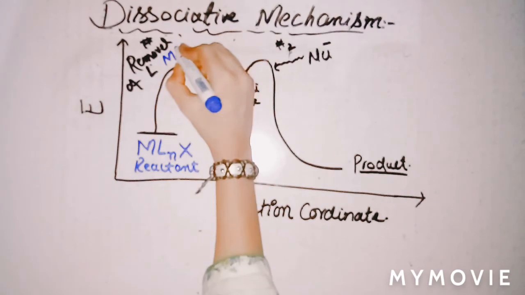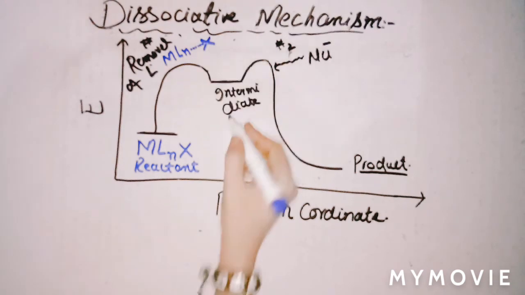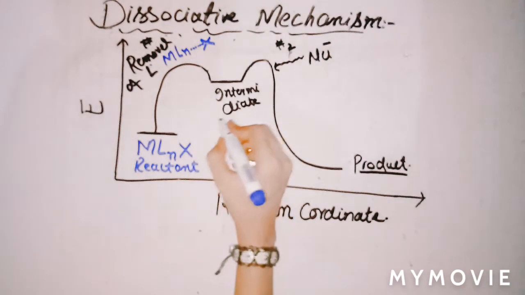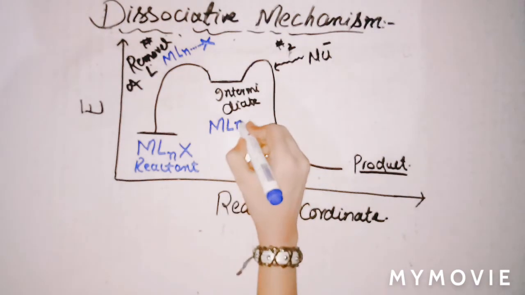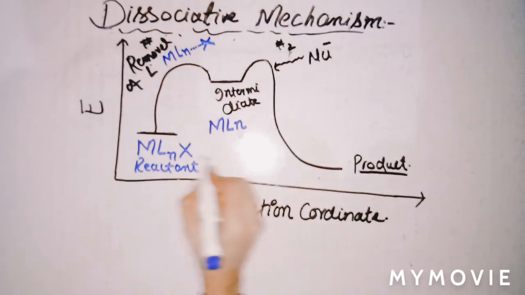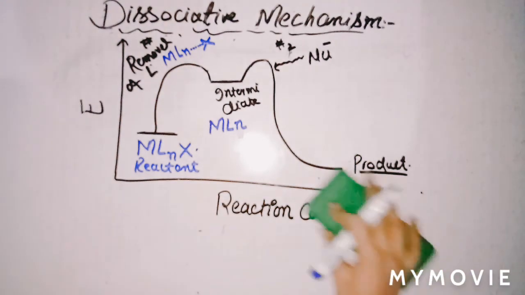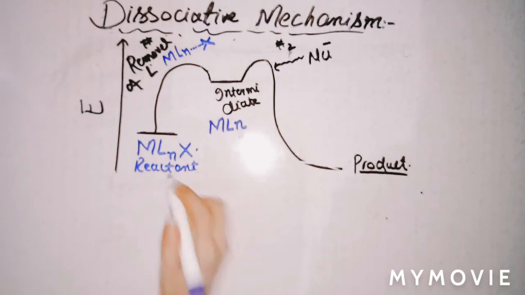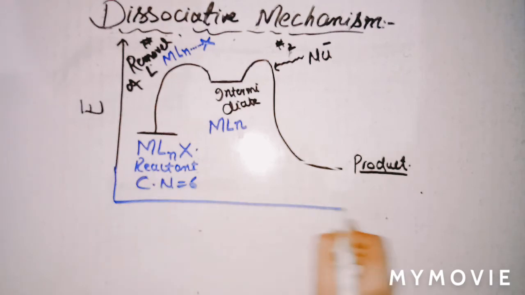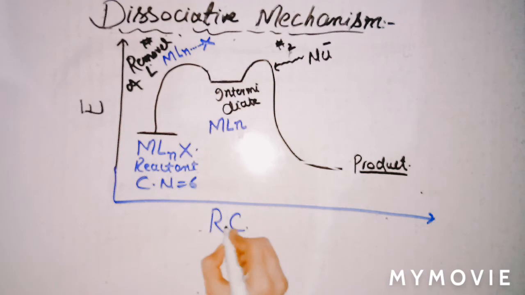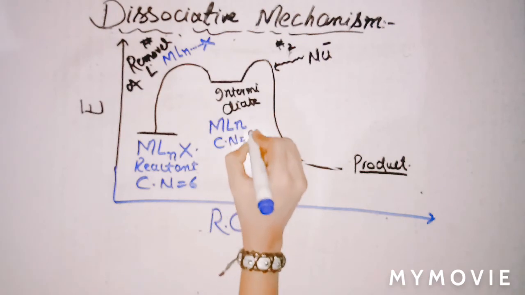So that state is represented as M L N X. In this case, the intermediate is formed, that is M L N. Here, in the reactant, the coordination number is 6, but in the intermediate the coordination number is equal to 5.